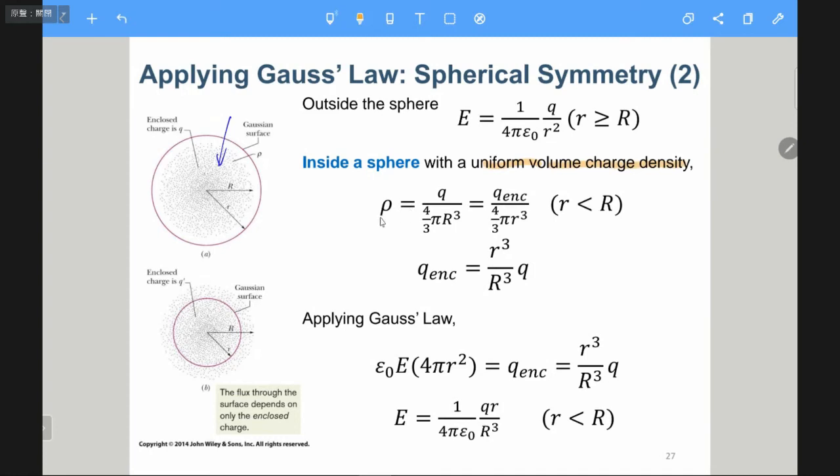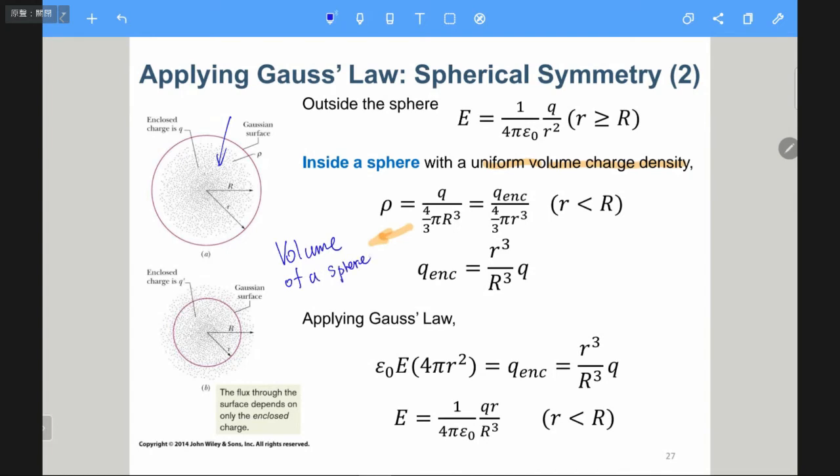We denote the uniform charge density as rho. Rho equals the total charge Q over the volume of the sphere, which is 4/3 pi r cubed.